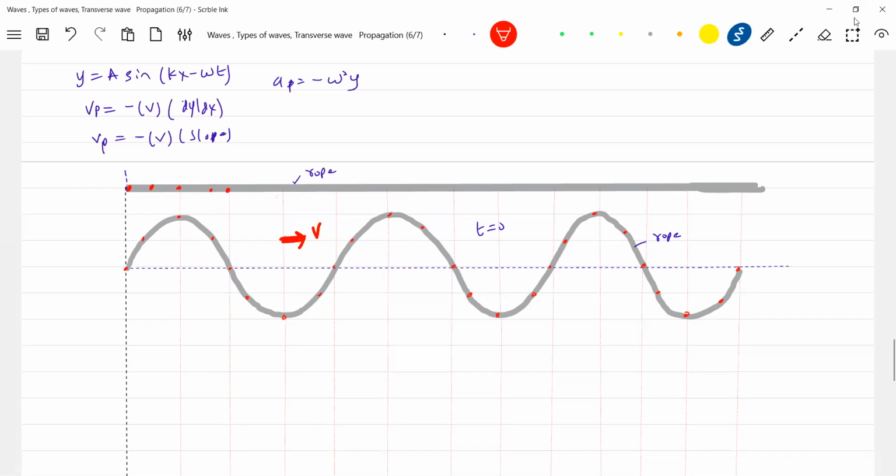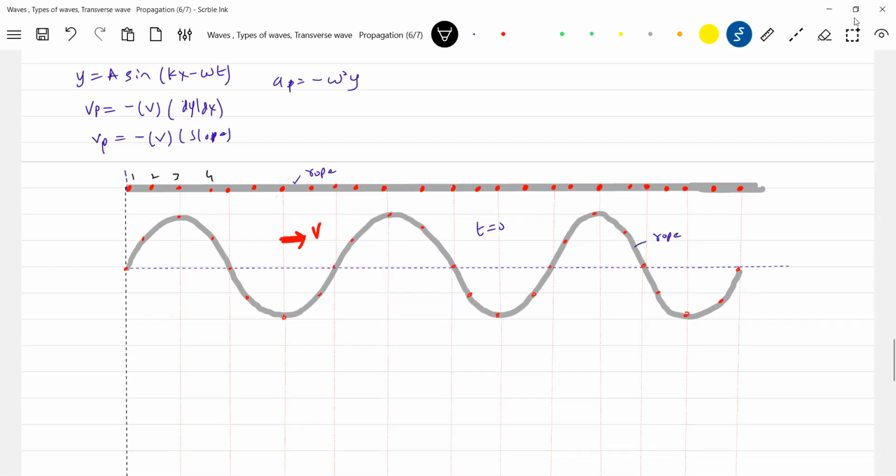To learn this, I'm picking up some several points. Not many, some specific points. Let me take it. Okay, let me give the numbers.